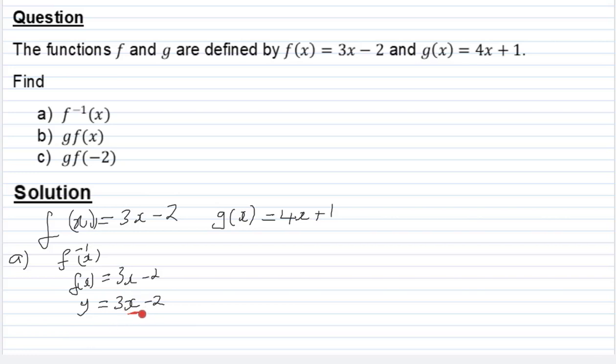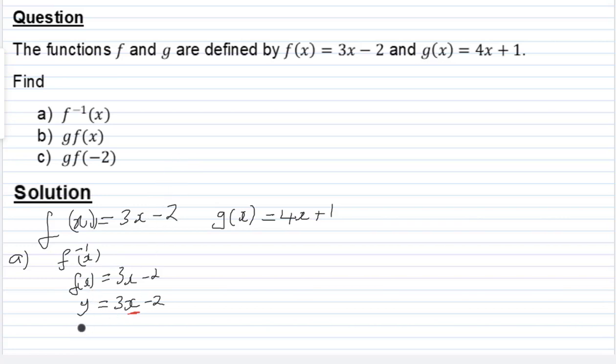We have to make this x the subject of the formula. That's our target here. Once we make x the subject of the formula, we are going to replace it with f inverse, and where there will be y, we are going to replace it with x.